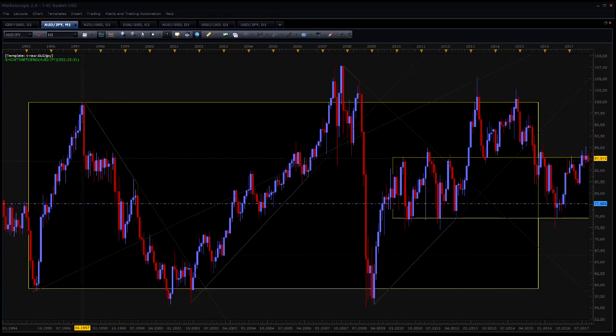This is one large consolidation right here, and then market dropped and consolidated again, and then dropped again and waved down and formed a lower low. At this point, we could know that market's in a downtrend, but this was already over of a downtrend wave. So we drew the downtrend line, and the market started to approach the downtrend line and broke through it.